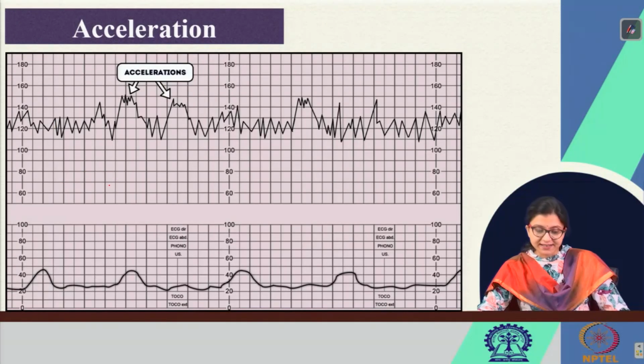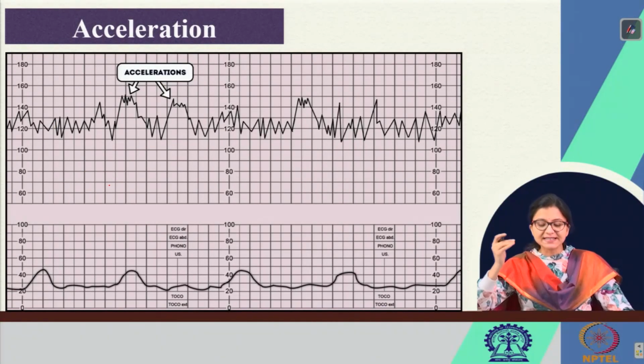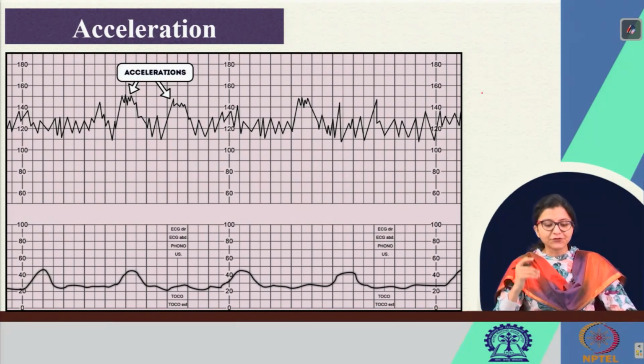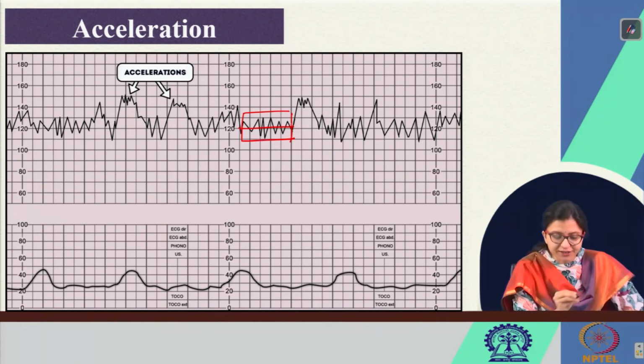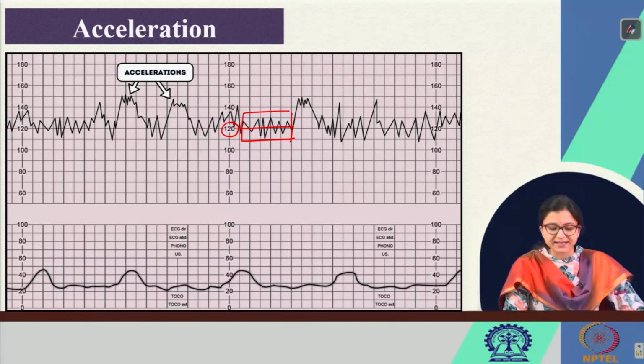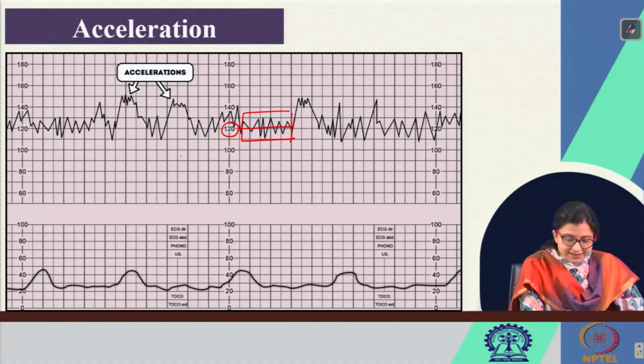Now, coming to acceleration. What is acceleration? Acceleration is an increase in fetal heart rate by 15 beats per minute. If you take this place which is devoid of any acceleration or deceleration, here the fetal heart rate is 120. Now, in this phase it has increased and gone to 140.